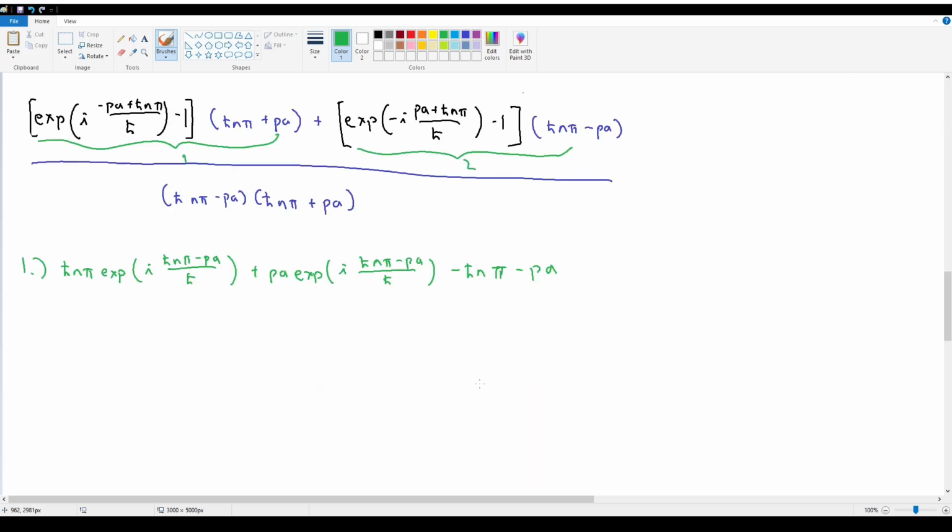Yeah. Expression number 2 is going to be h bar n pi exponential of negative i h bar n pi plus pa over h bar, minus pa exponential negative i h bar n pi plus pa divided by h bar.